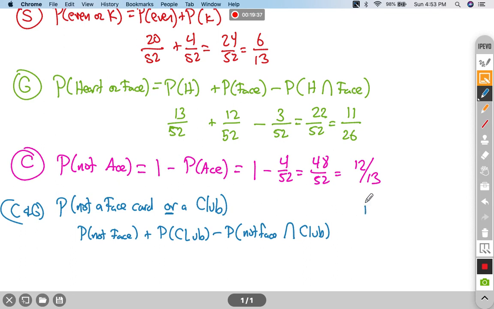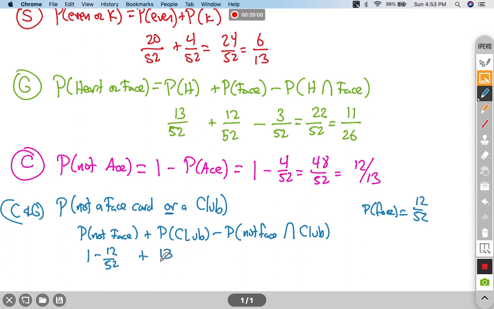So we say, well, let's see, the probability of a face is 4 out of, sorry, not 4, 12 out of 52. So the probability of not a face, 1 minus 12 over 52.